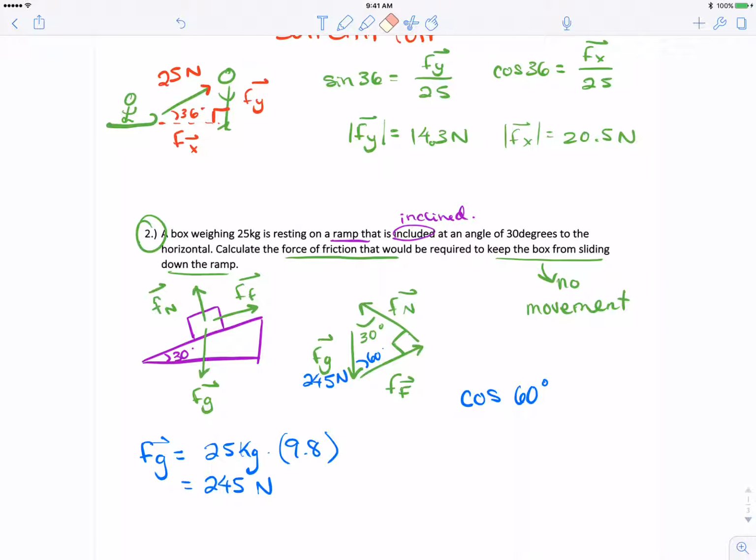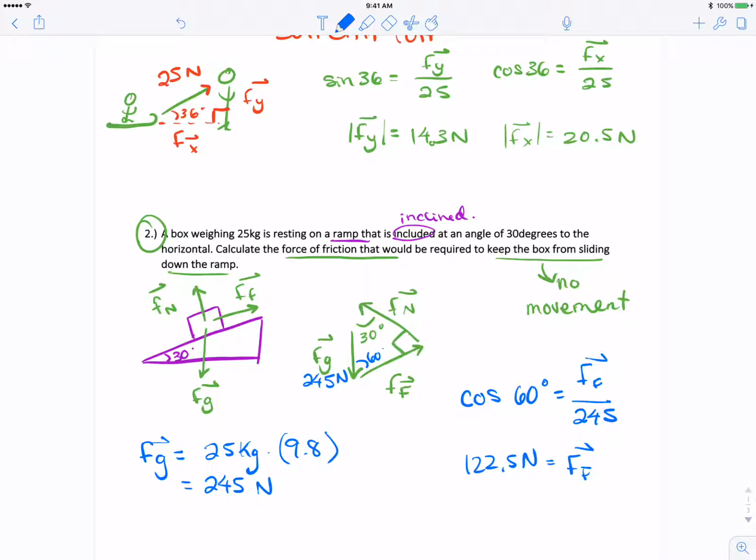So cos of 60 is F of F all over my F of G, which is 245. I'll get my calculator out: cos of 60. So I get force of friction is 122.5 newtons.